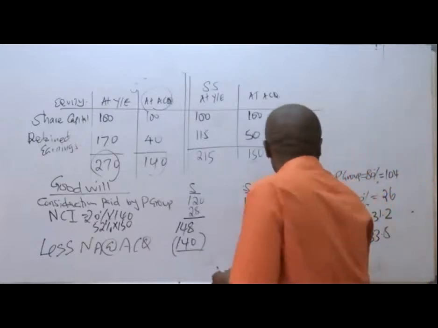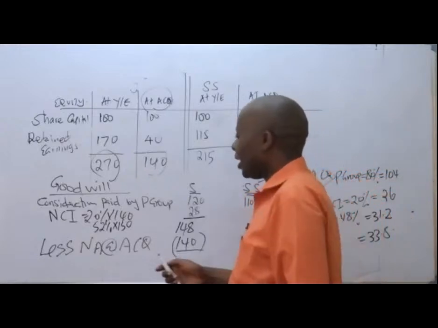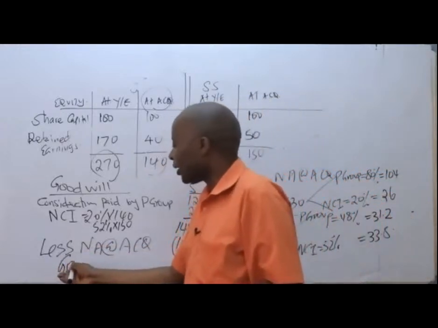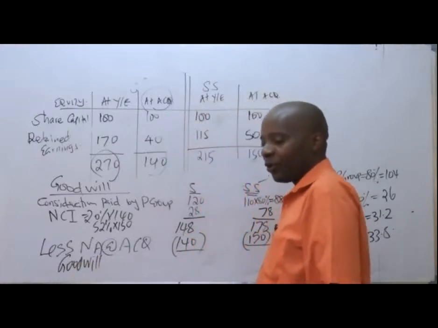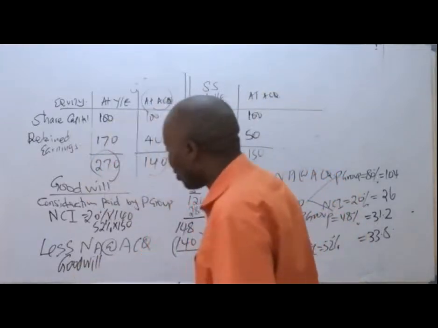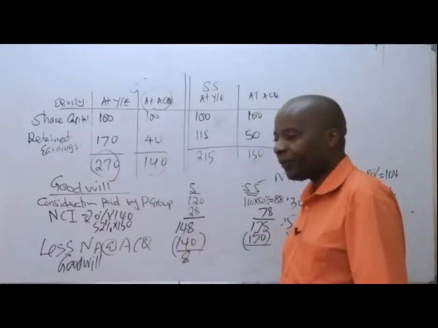Then this automatically will give me goodwill, which will be equal to what here? Somebody for S. Is it not 8? 8.